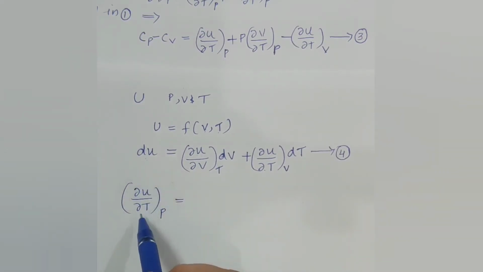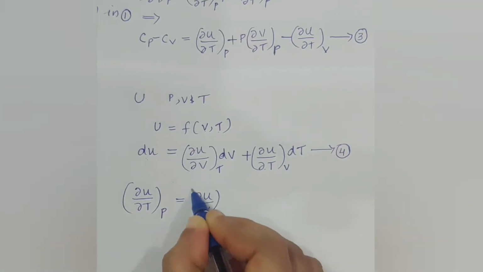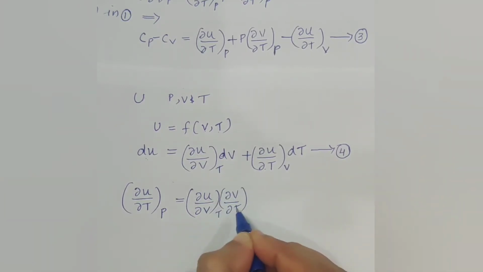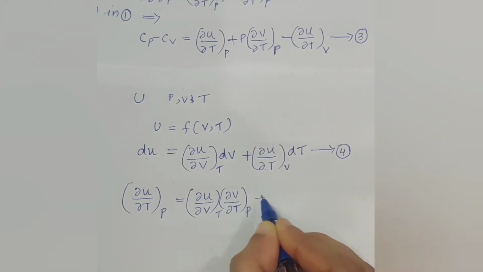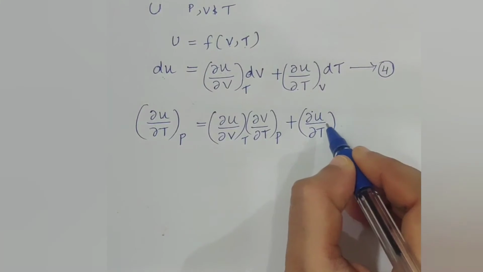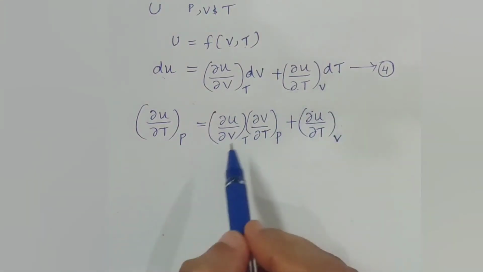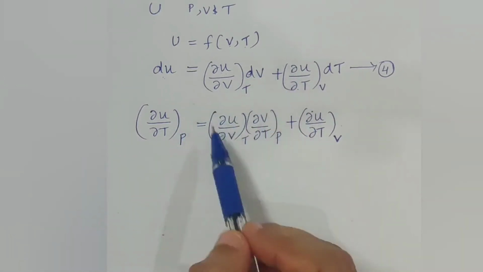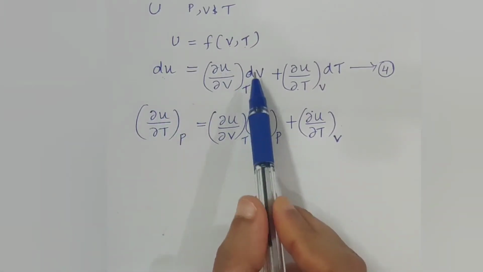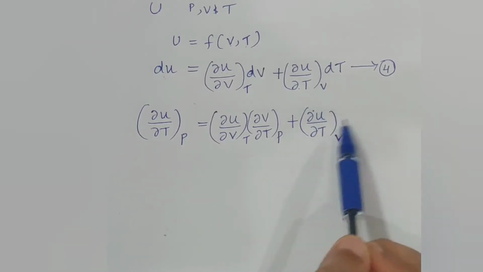Dou U by dou T at constant pressure is equal to dou U by dou V at constant temperature times dou V by dou T at constant pressure, plus dou U by dou T at constant volume, and dT by dT cancels out.